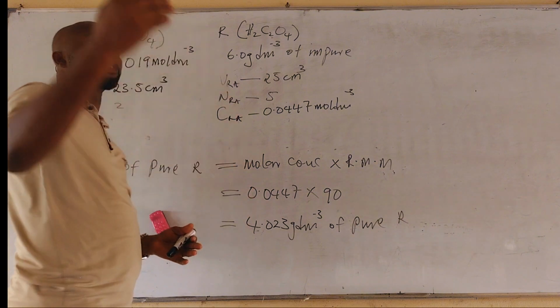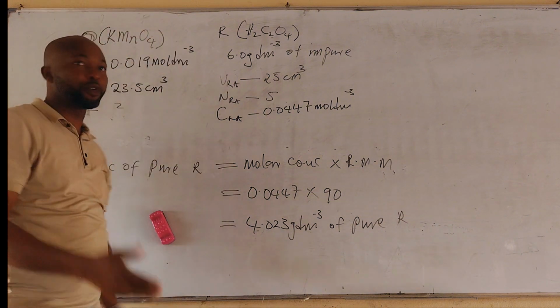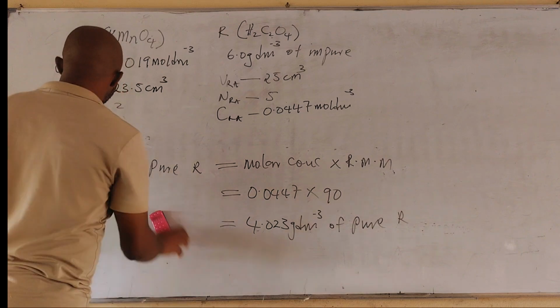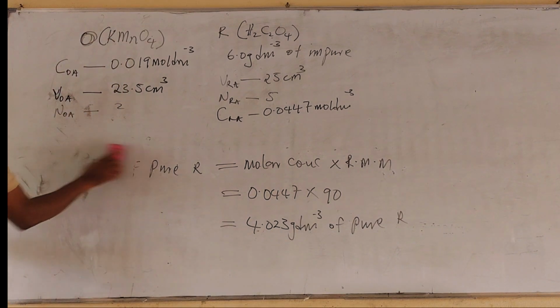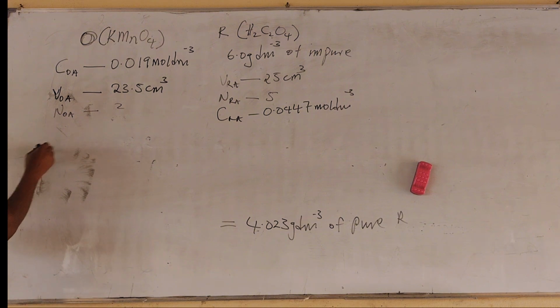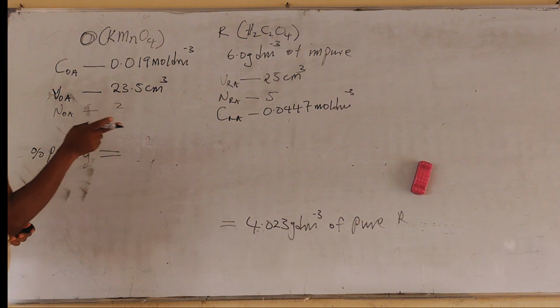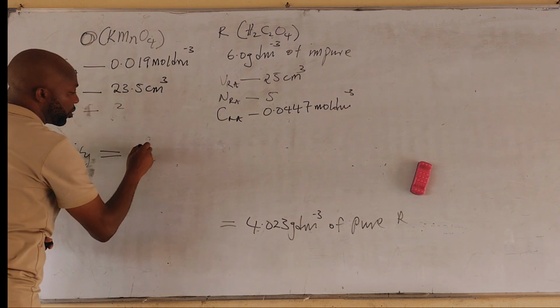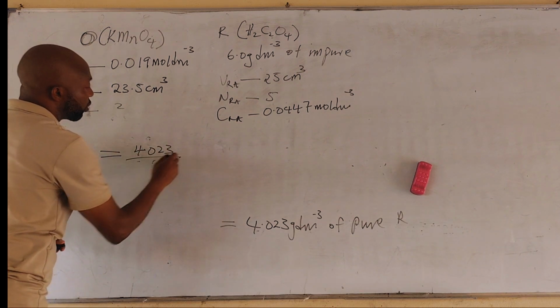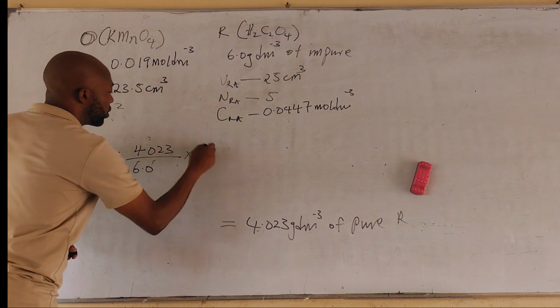So now we have to calculate first our percentage purity, before we can answer their question. So now let's go. The top one is percentage purity. Percentage purity, I said, is the mass concentration of pure, which is 4.023, over the mass concentration of impure, which is 6.0, times 100.